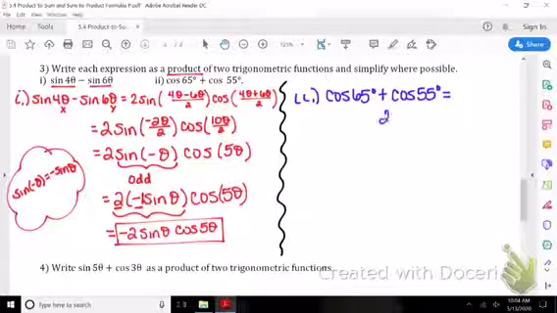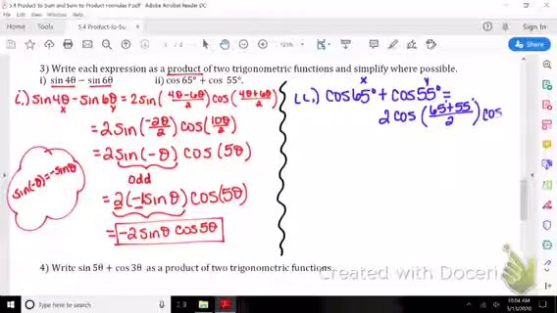It says it's 2 cosine of X plus Y. Remember, X is first, Y is second. So 65 plus 55 all over 2, and they're both degrees, times cosine of X minus Y all divided by 2. So the 65 degrees minus the 55 degrees all over 2.